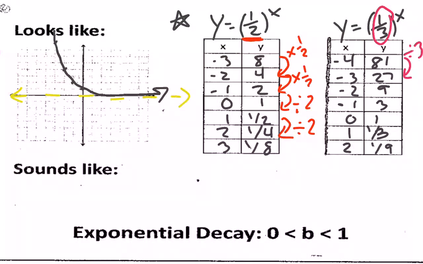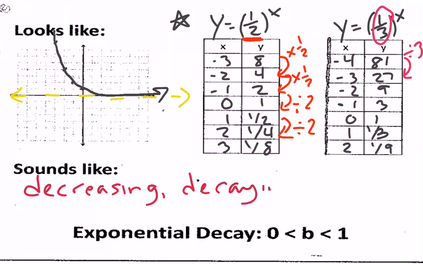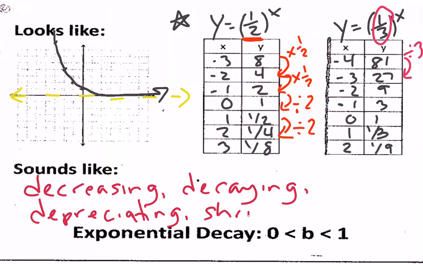The ways I know that it is exponential decay from a word problem are key things like decreasing, decaying, depreciating, oops, I totally spelled that wrong. There we go. Depreciating. And shrinking.